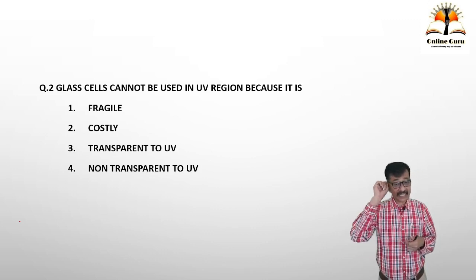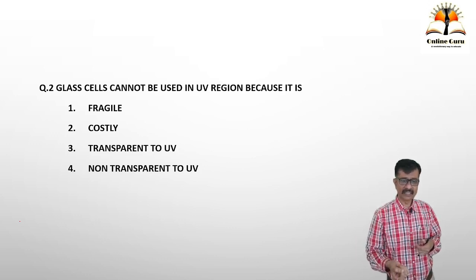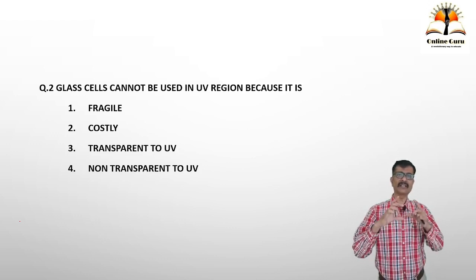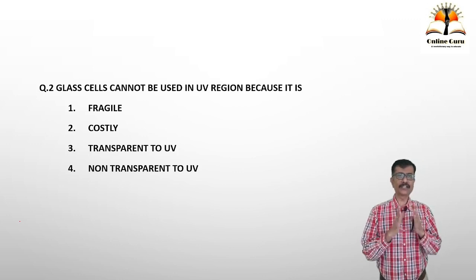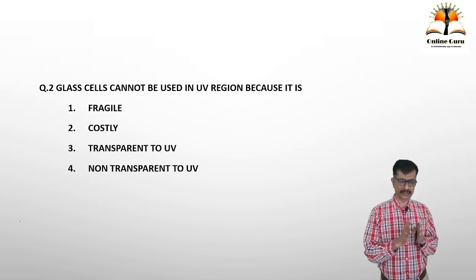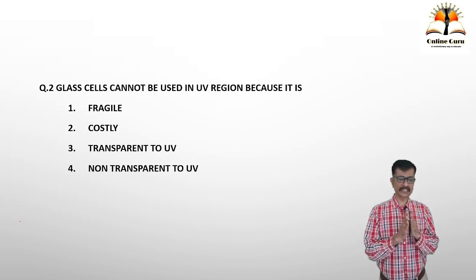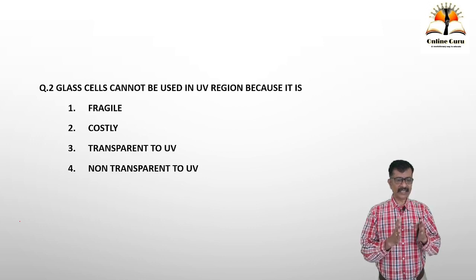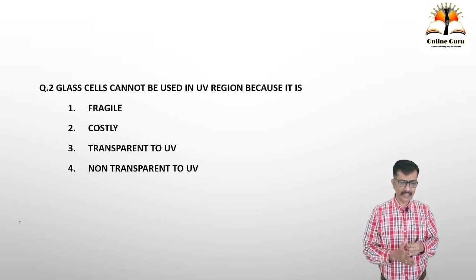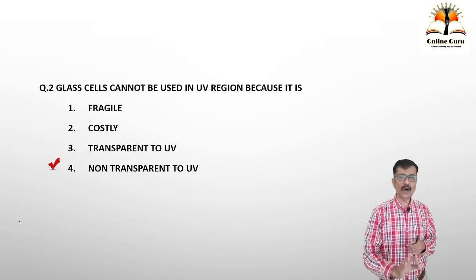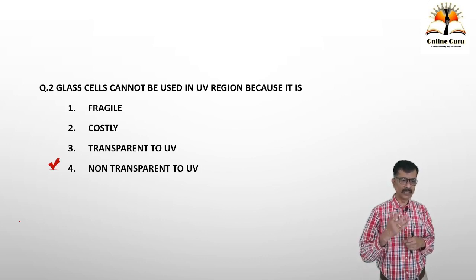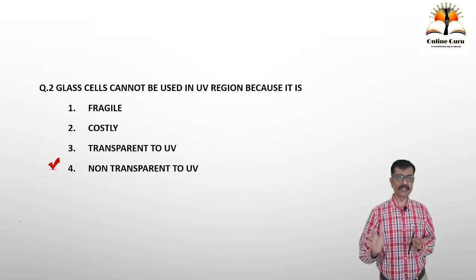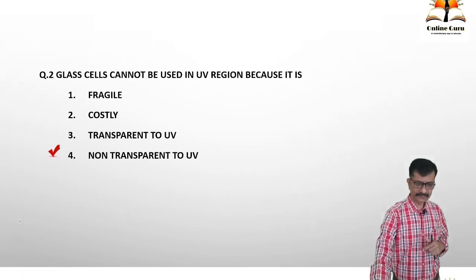Whatever material of construction is used for the sample cell, it should be transparent to the radiation in use. Here, a glass cell cannot be used in UV because it is non-transparent to UV. That is the answer. So fragile, costly or transparent to UV are the wrong options.